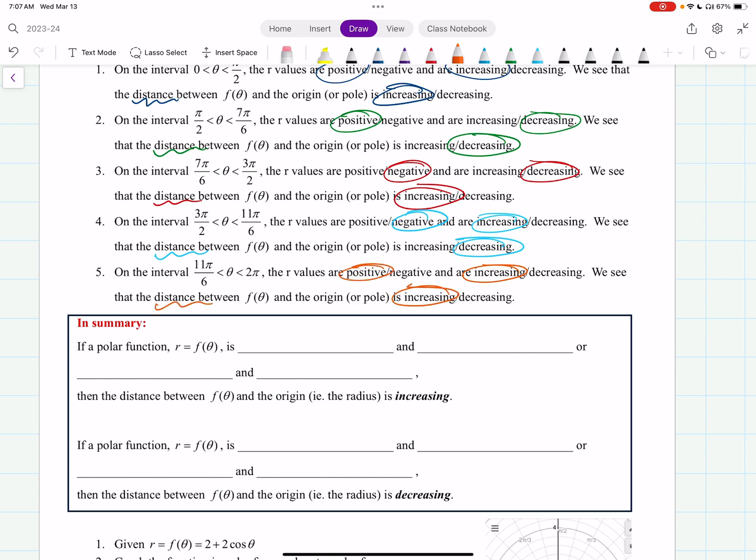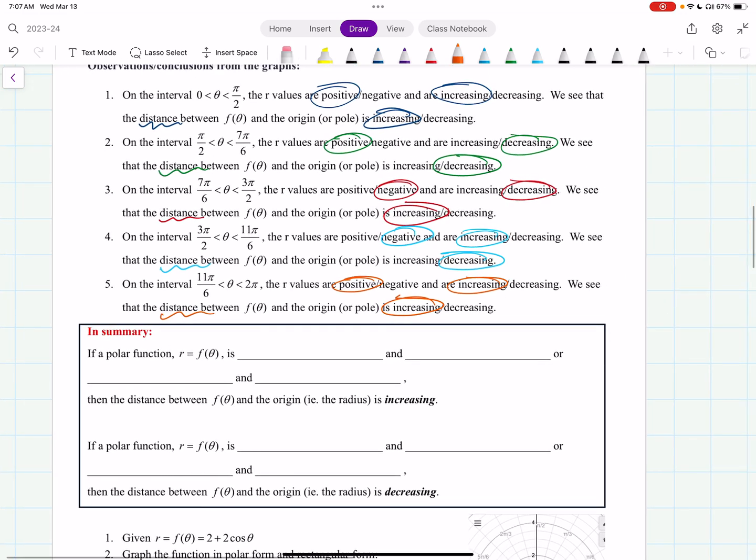So let's put this all together and summarize what's going on. There's got to be an easy way to remember this stuff, because that's part of the goal in learning: you would just want to have it memorized. So where is the distance increasing? It's here, this one, and this one. So what are the conditions?